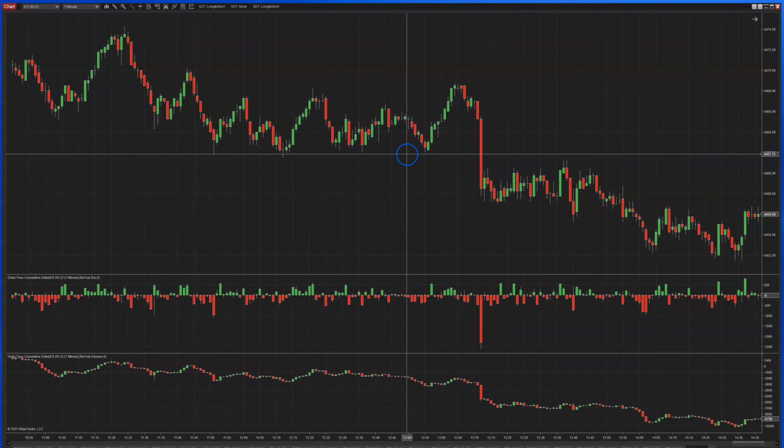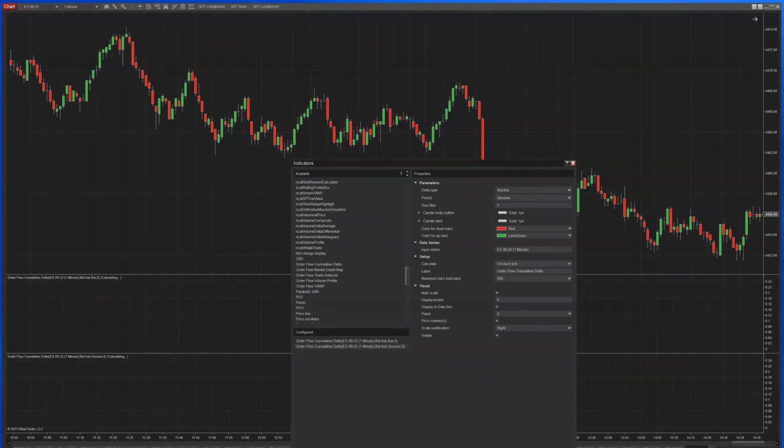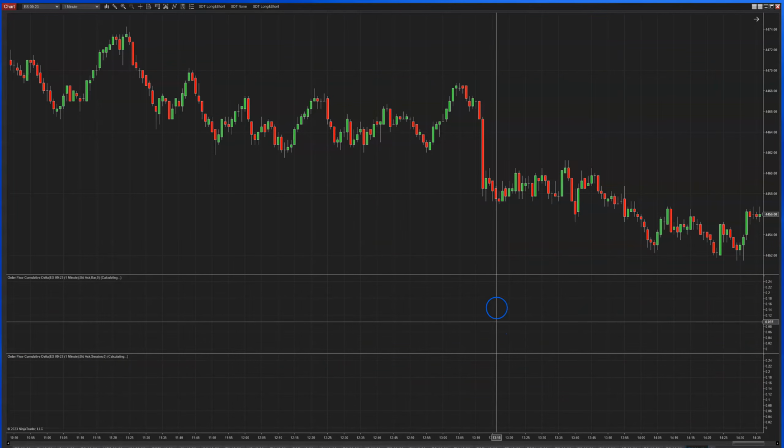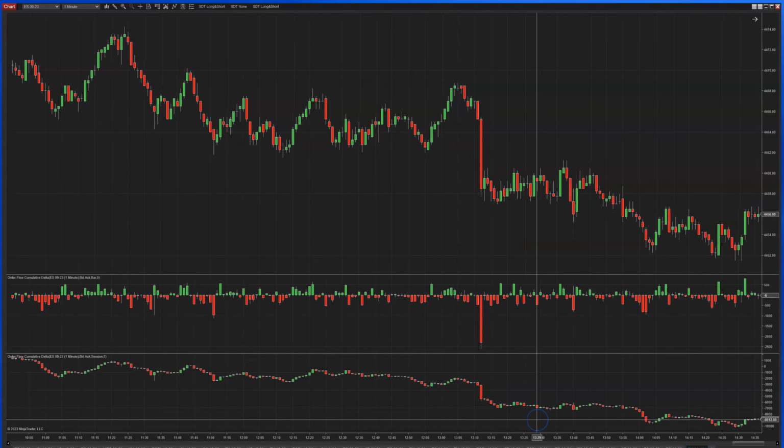Now when you add it, you're going to have a choice. I believe it says new panel on there. Let's go down. Right, new panel. You see it there. That way you can have both a bar by bar basis of delta and cumulative delta.